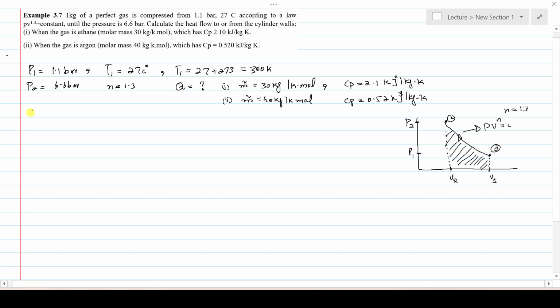Okay, let's come toward the solution. I hope you understand till now. We know that during a polytropic process, T2 divided by T1 is equal to P2 divided by P1 to the power (n minus 1) divided by n. Put the values of the corresponding thermodynamic properties in this equation.